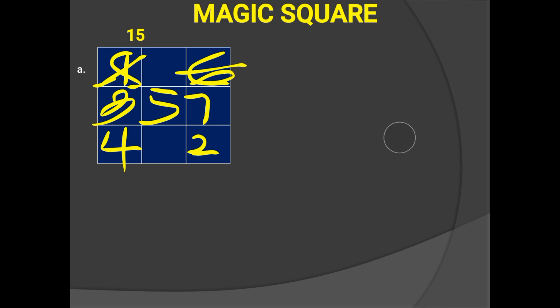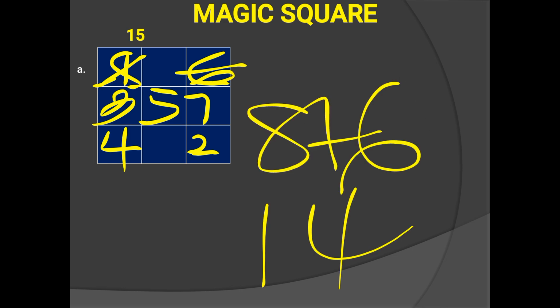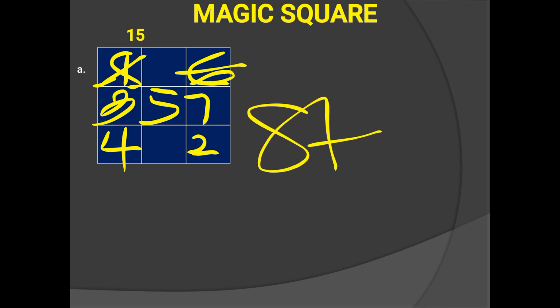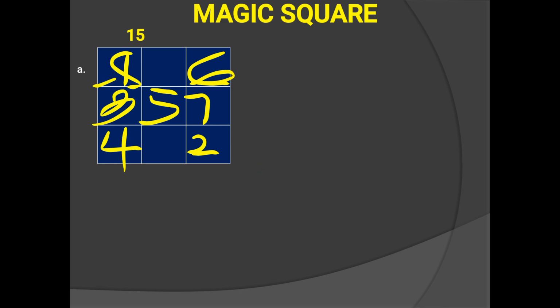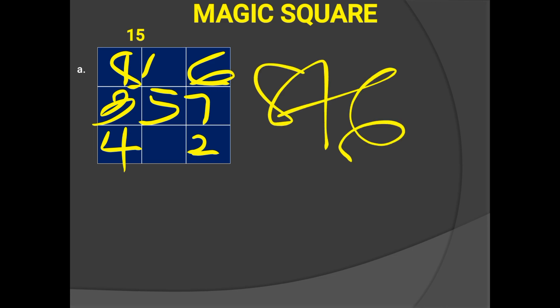Sorry, 8 plus 6 is 14. Now the total should be 15, right? So if it is 14, then we are left with what? 1. We are left with 1.